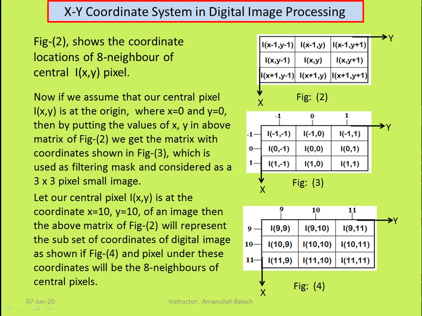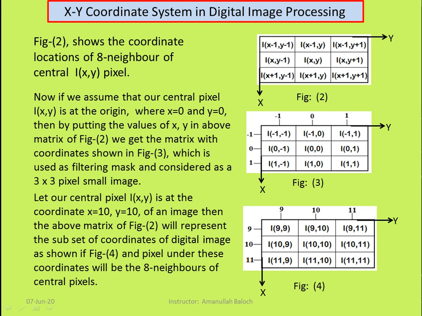So how do these pixels relate with each other? Actually, we get the 8 pixels which surround this central pixel. These 8 pixels are called the 8 neighbors of this central pixel.